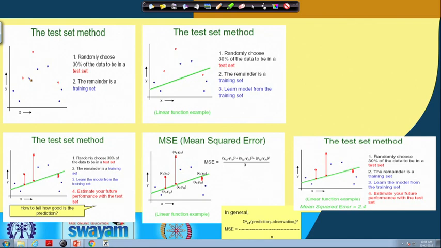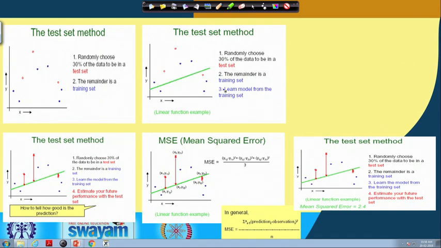The next step is learning the model from the training set. Once we have created this division between the training set and the test set, let us use the training set to create a first model, y equal to alpha plus beta x.